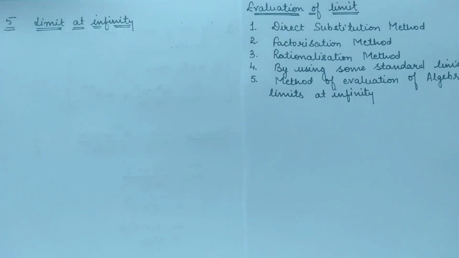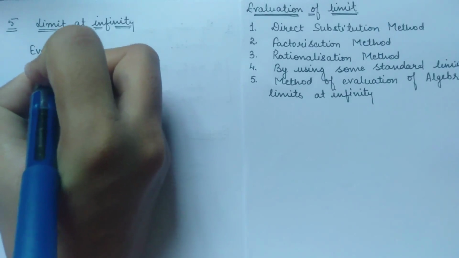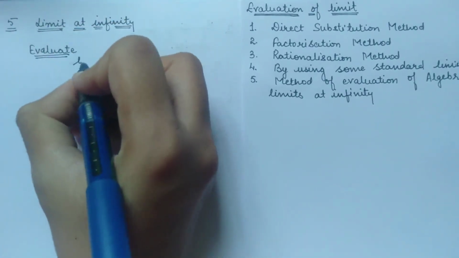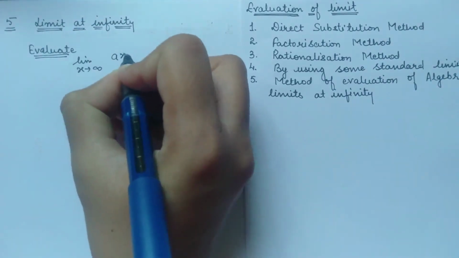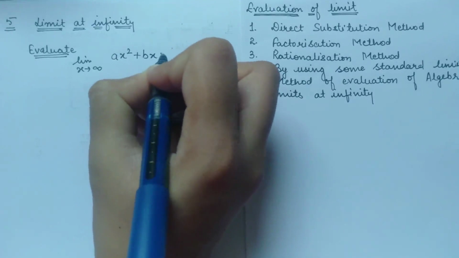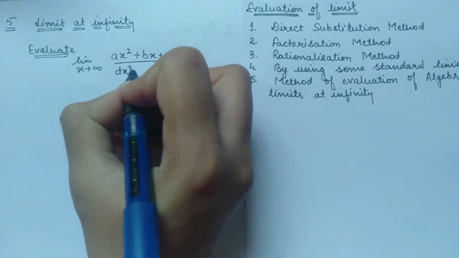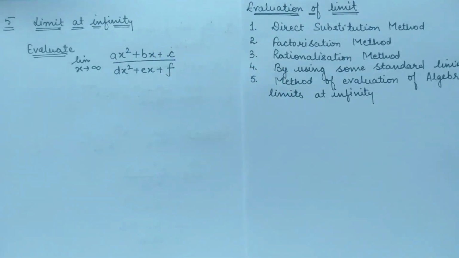Fifth method is the limit at infinity. It means that when limit x tends to infinity and an algebraic function is given to us, we will reduce that function in the form of 1 by x. Since limit x tends to infinity of 1 by x will become 0. Therefore, limit x tends to infinity, (ax square plus bx plus c) divided by (dx square plus ex plus f).